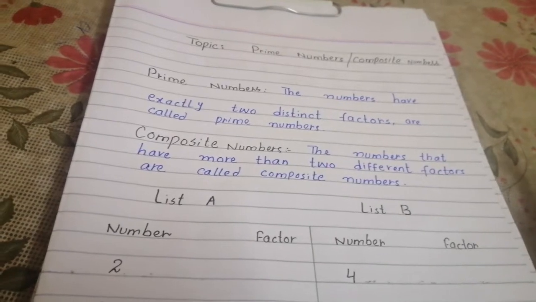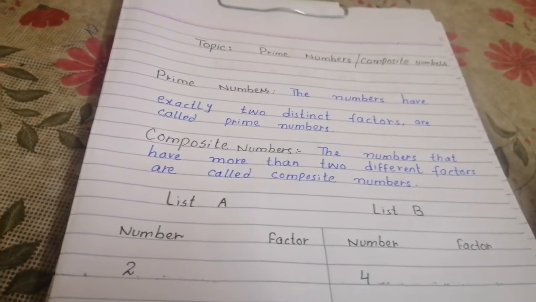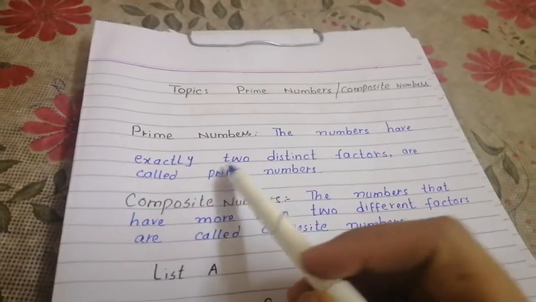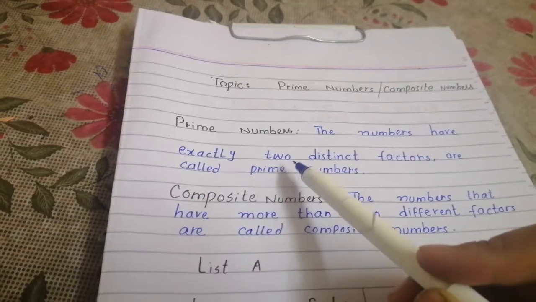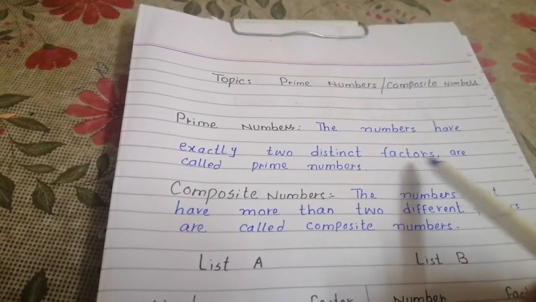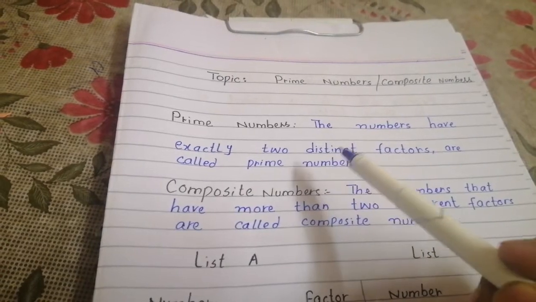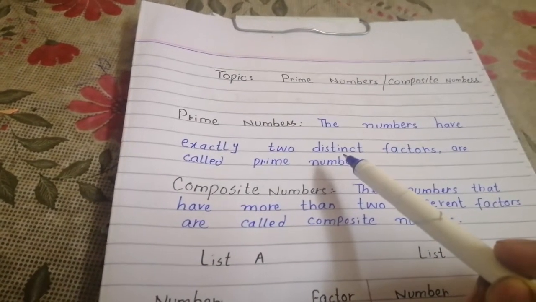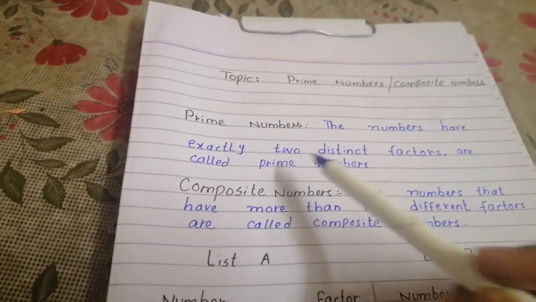Okay, let's start our today's topic, that is prime numbers and composite numbers. Okay, what are prime numbers? The numbers that have exactly two distinct factors are called prime numbers. Mean the number which has only two factors, that is called a prime number.